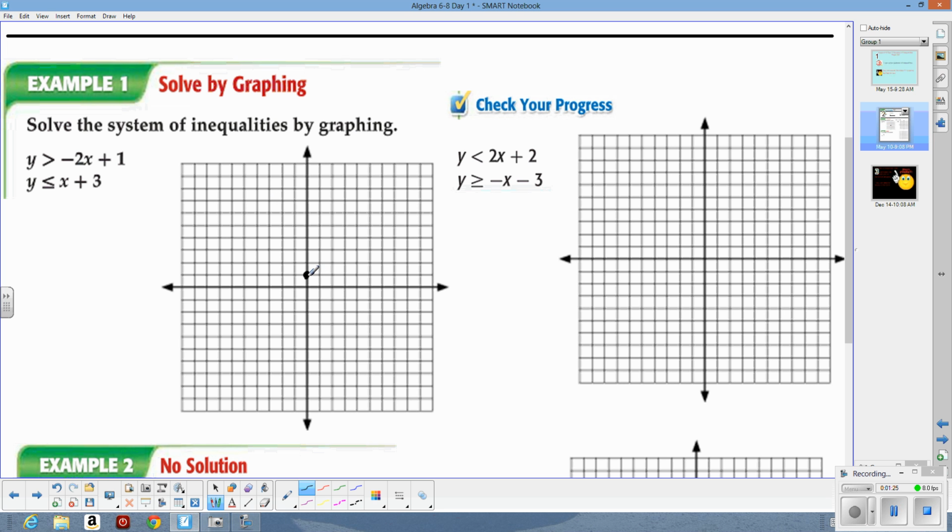Rather than rising, since it's negative, we're going to fall 2 and run 1. I like to make several points so I can draw an accurate line. Or you could go up 2 and to the left 1. And now since it has a greater than symbol, we're going to want a dashed line.